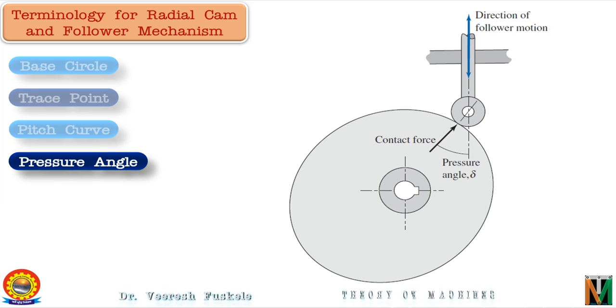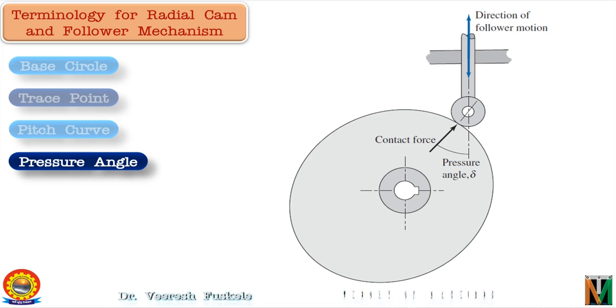The force required to push the follower depends on the application of the cam system. However, the contact force between the cam and the follower can be much greater depending on the location of the contact point. Actually, only one component of the contact force generates the follower motion. This force will have two components, one in the vertical direction and another in the horizontal direction.